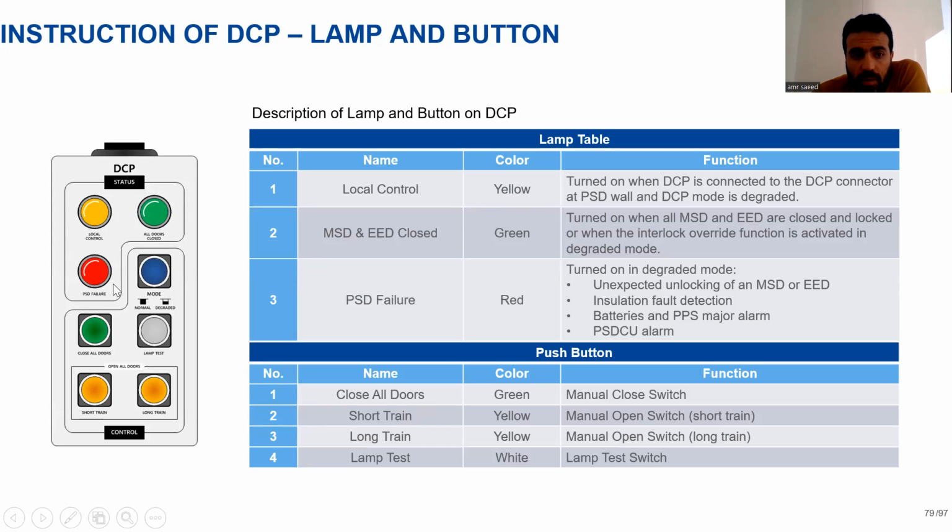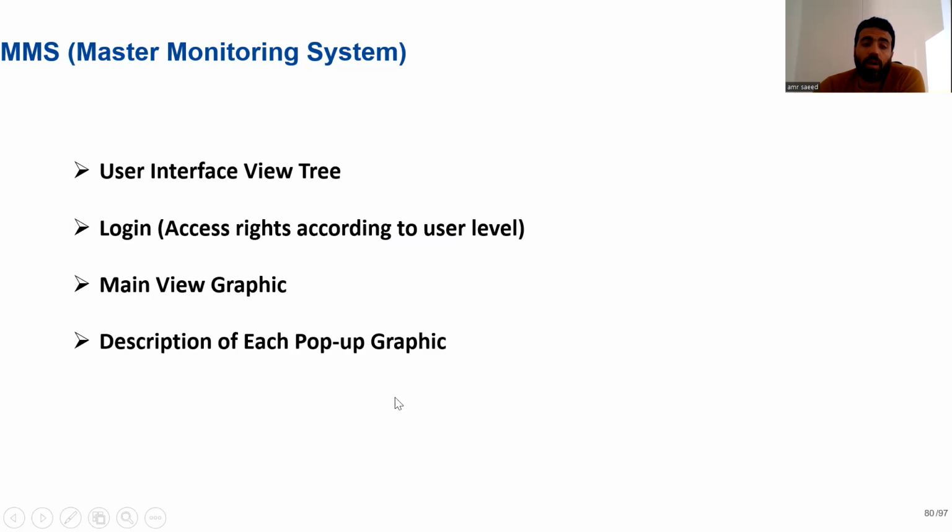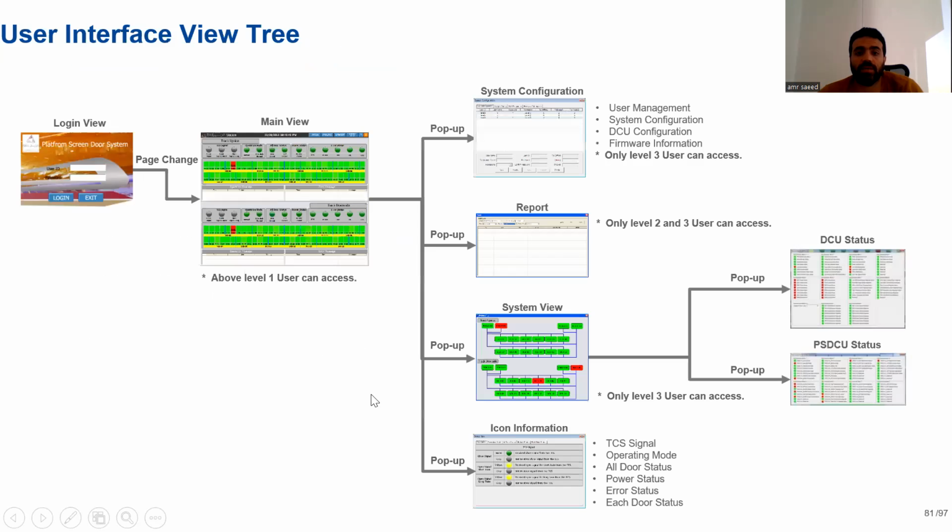If there is a failure, you will find it PSD failure. And you can close all the doors by this switch. You can open for short train and for long train with this push button. For master monitoring system, MMS, we can find it here.